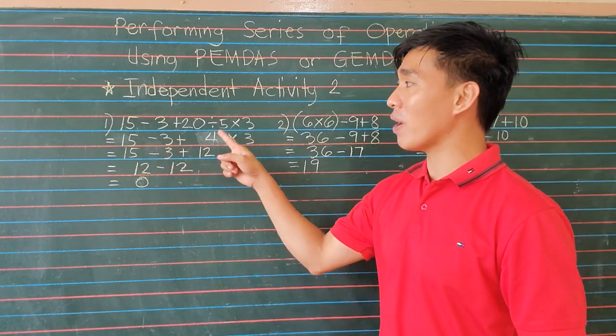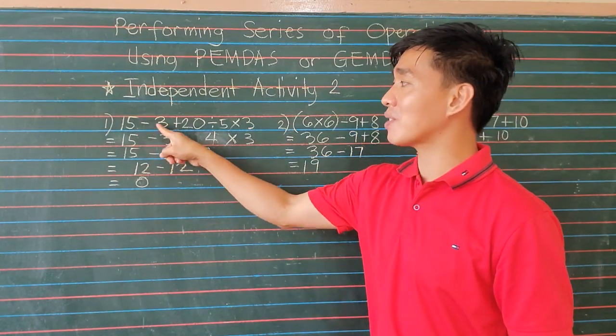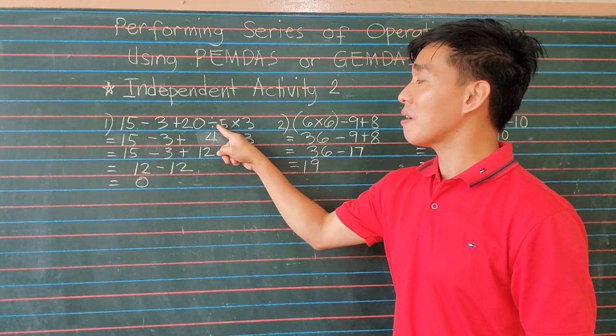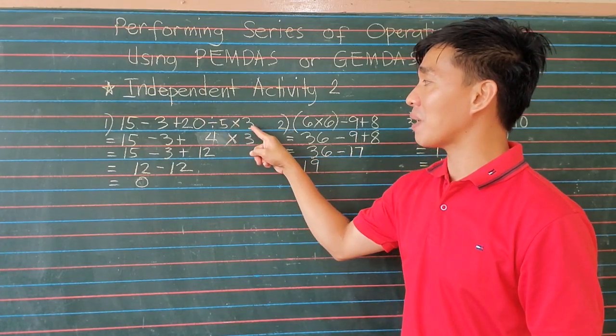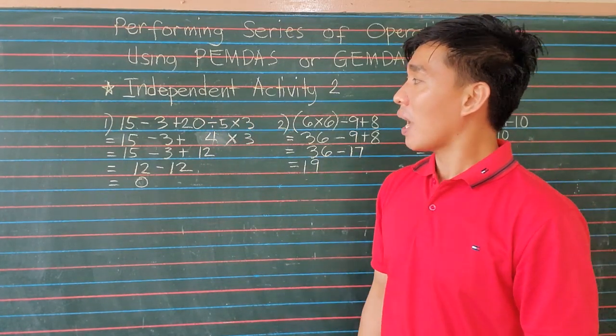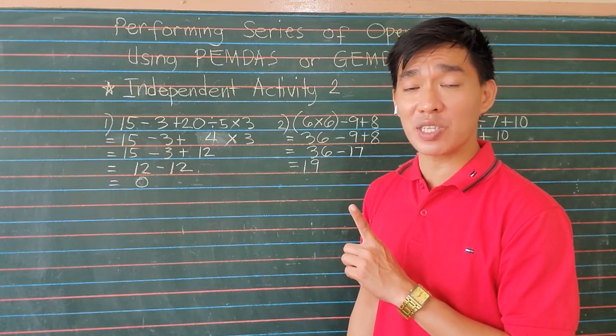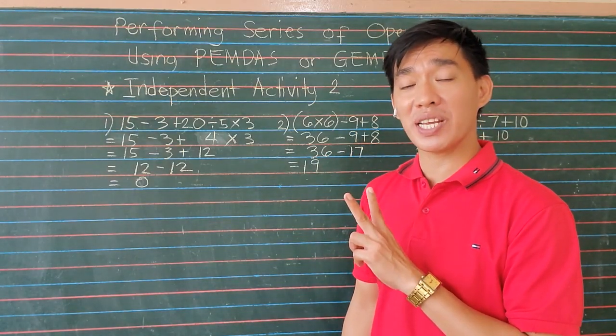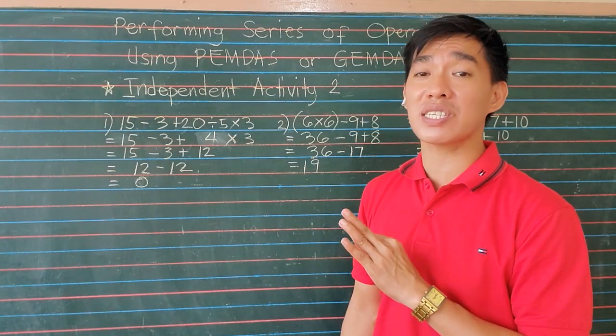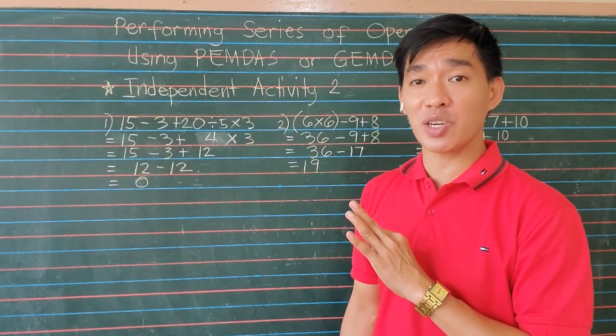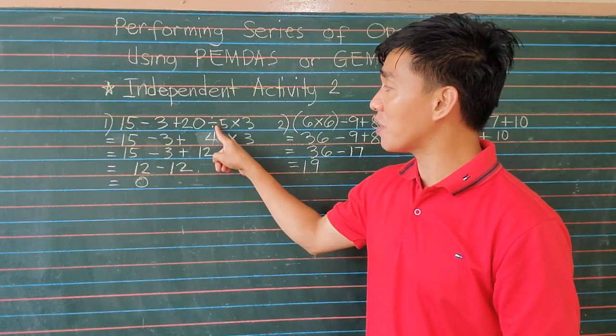For item number 1 here, 15 minus 3 plus 20 divided by 5 times 3. Of course, we have to check if there's a grouping symbol. There's none. Numbers with exponent, there's none. Let's proceed to step number 3, multiplication or division. So we do have division here.